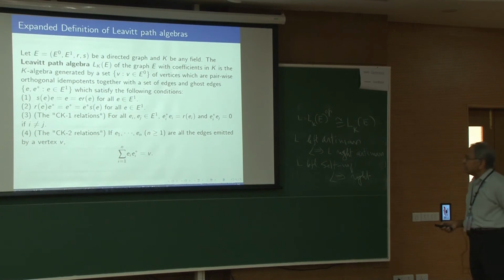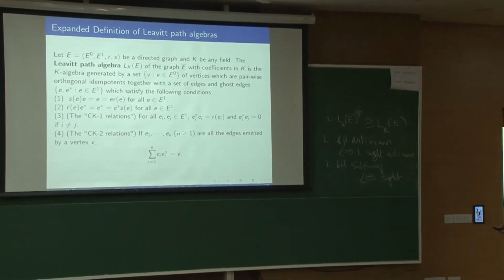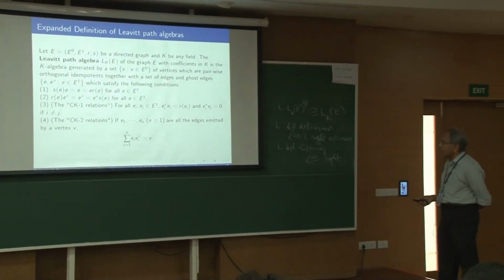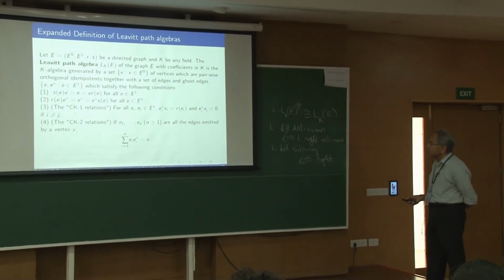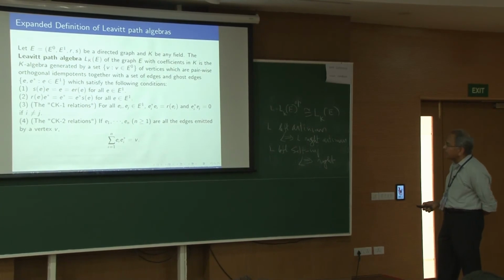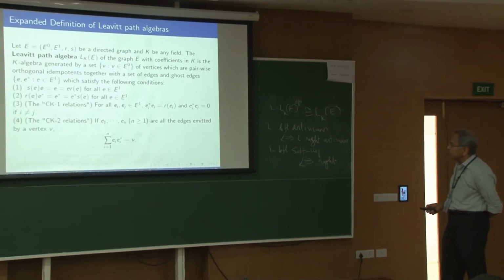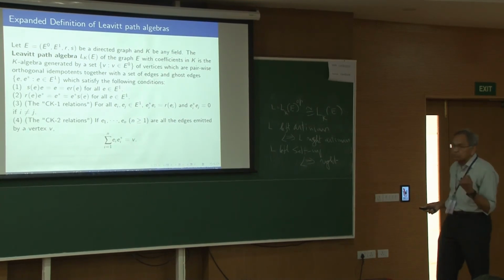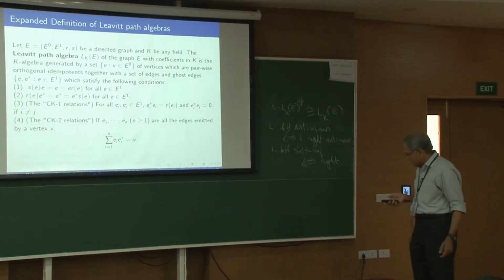And the CK2 relation says that if a vertex emits a finite number, at least one, of edges, say e1 up to en, then the summation of ei times ei star, as i runs from 1 to n, collapses to the vertex v. Okay?